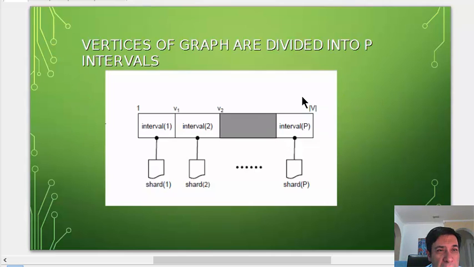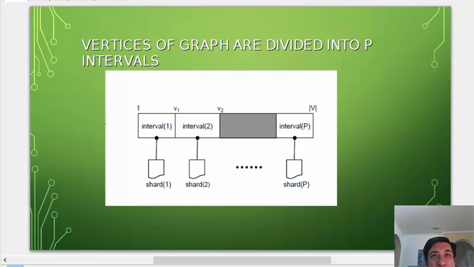In the graph, we see how the vertices of a graph are divided into P intervals. We have interval 1, interval 2, until interval P, shard 1, shard 2, until shard P. Therefore, under the PSW method, the vertices of a graph are split into P intervals.